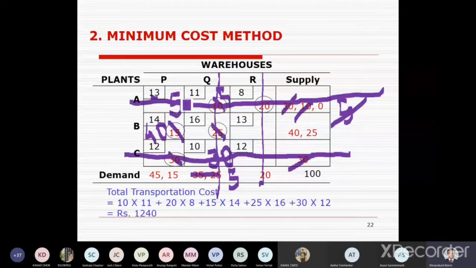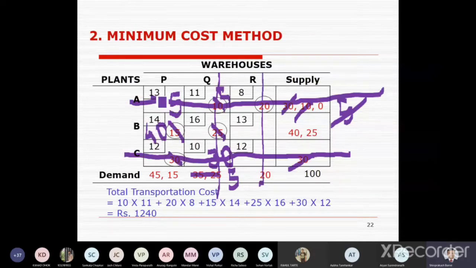Now check how many allocations you used. Here 30 is one allocation, 40 is another allocation, 5 is another allocation, this 5, and 20. So these are 5 allocations, and we know that for a 3 by 3 matrix, 5 allocations must be there. And for this numerical, you can calculate the total transportation cost.